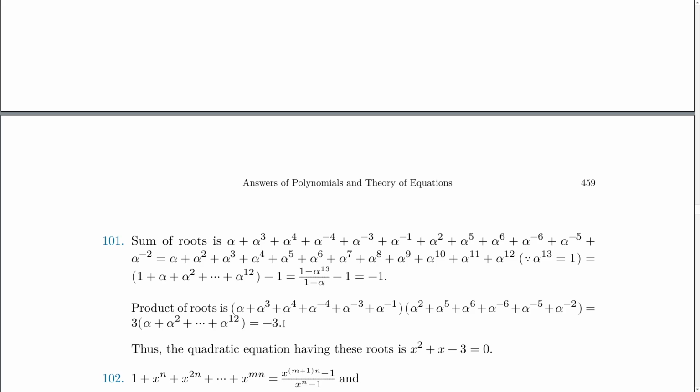So the quadratic equation would be x square plus x minus 3, because the sum of roots is minus b by a in the quadratic equation x square plus bx plus c. So b by a is 1 here, and the product is minus 3. You know the equation whose roots are alpha and beta is x square minus (alpha plus beta) into x plus alpha beta. So our equation is x square plus x minus 3 equal to 0.